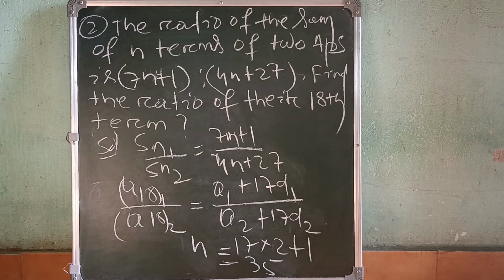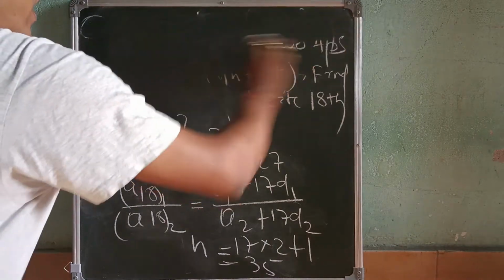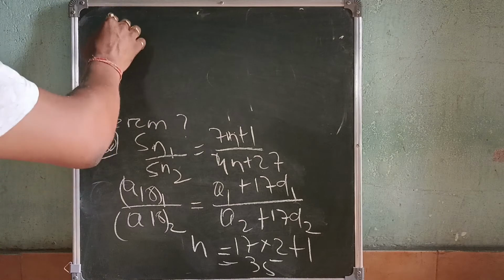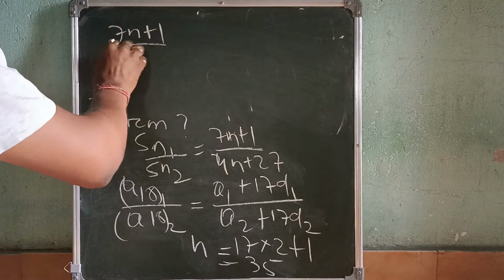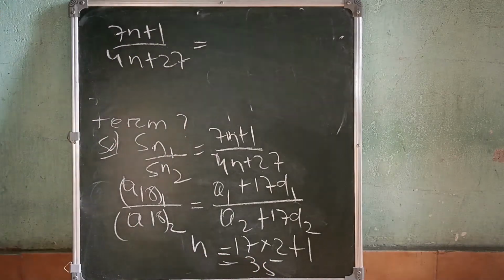Now just put the value, then you find the answer. Just put the value of 7n + 1 and 4n + 27. Once you confirm n, just put the value. So (7n + 1)/(4n + 27), with n equal to 35 here, 17 into 2 plus 1, right?